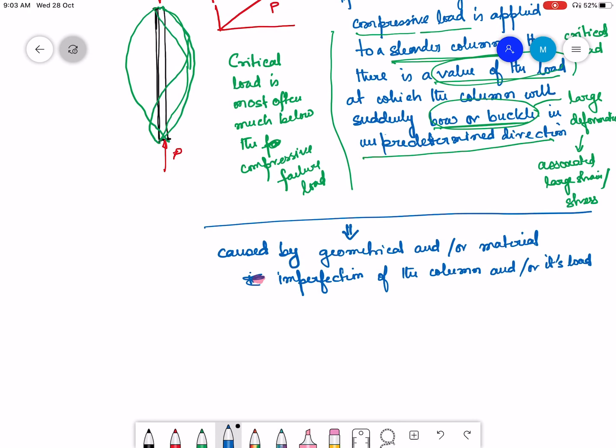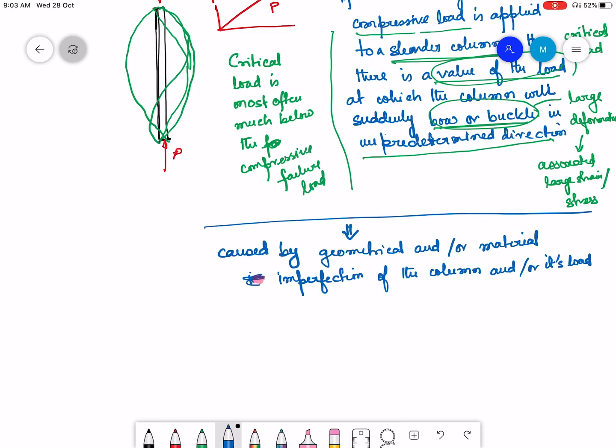However perfectly you build a column, because of the human factor involved, you cannot avoid imperfections in both geometry and material property. There could be some material inhomogeneity, I mean lack of uniform dispersion of material, and that is what gives rise to this kind of buckling.